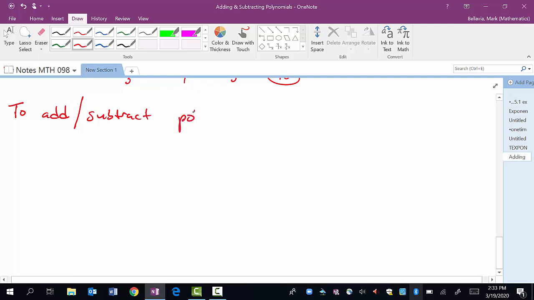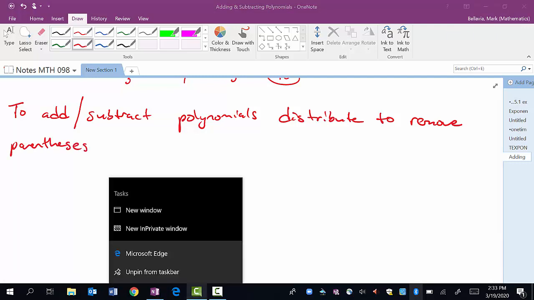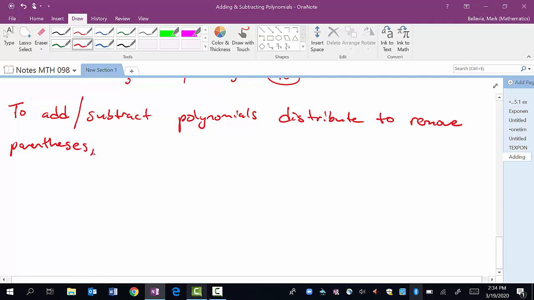So to add or subtract polynomials, you want to distribute to remove parentheses, then combine like terms. So you've probably done this somewhere before. We'll do a few examples.